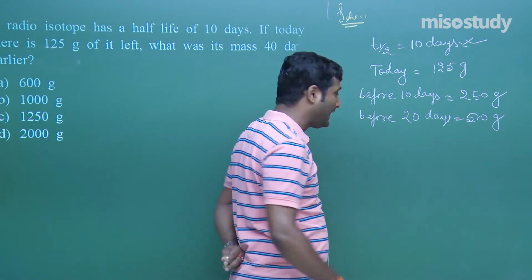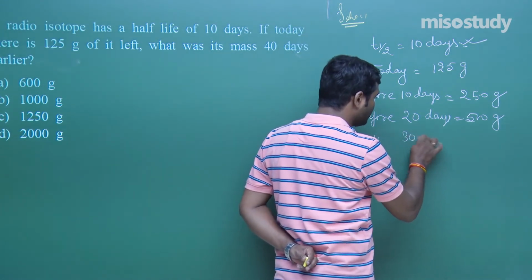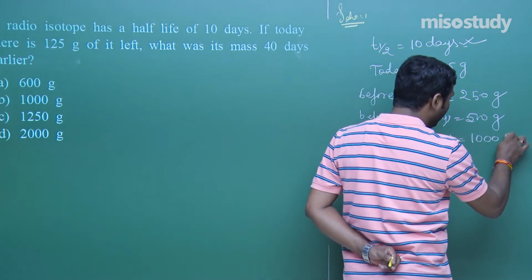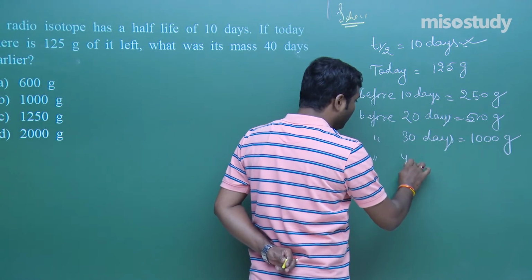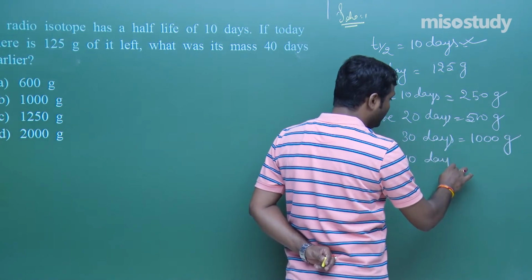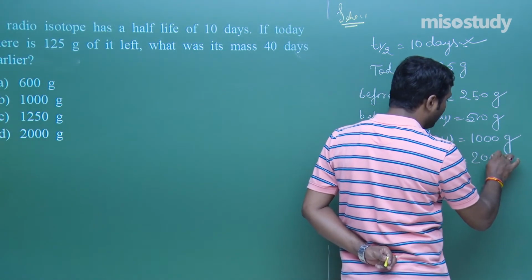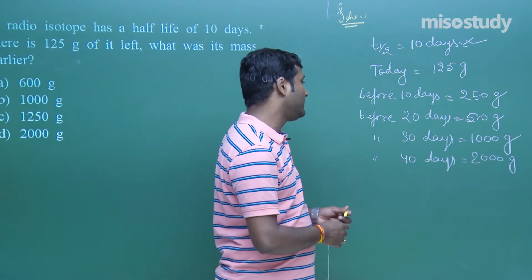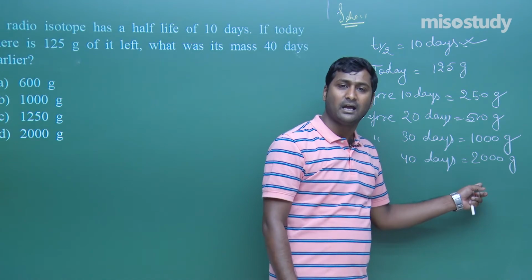Then before 30 days, it is 1000 gram, and before 40 days it will be 2000 gram. So 40 days earlier the quantity is 2000 gram, my friend.